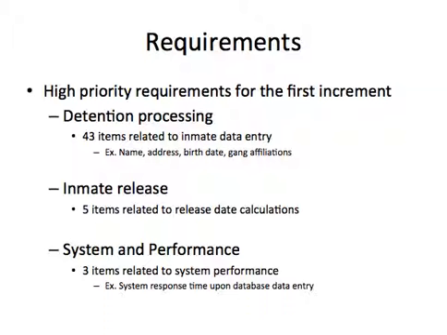So for our first increment, the high priority requirements are detention processing. We have about 43 items related to inmate data entry, like their name, address, gang affiliations. The inmate release date is also another important piece. We have 5 high priority ones there, and in system performance, we have 3 items that are high priority, and those are mostly things like response time upon database entry.